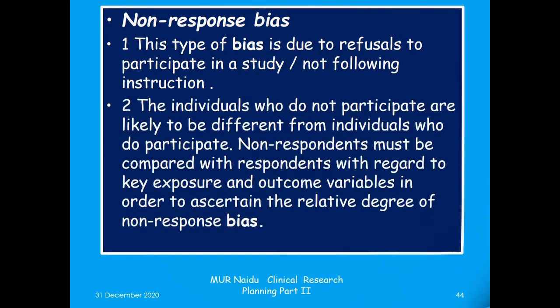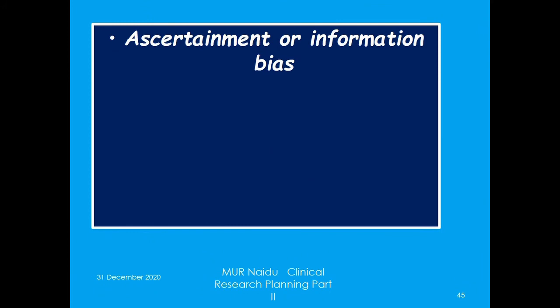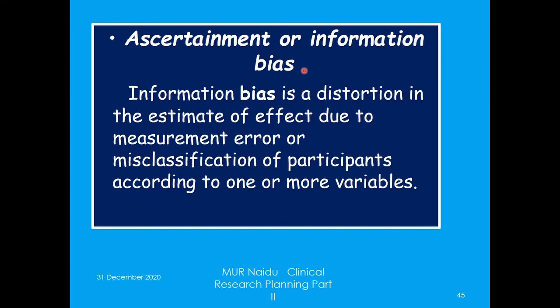The second is that individuals who do not participate are likely to be different from those who do participate. This information bias must be coupled with the respondent with regard to measurement error and outcome variable, leading to misclassification. The relative degree of non-response according to one or more variables can occur because some people are basically not responding to participate in a clinical trial.